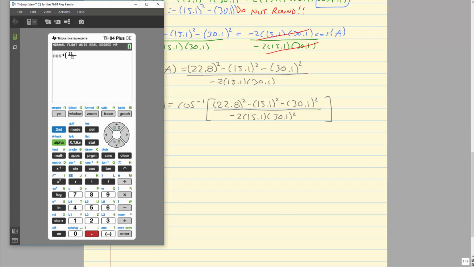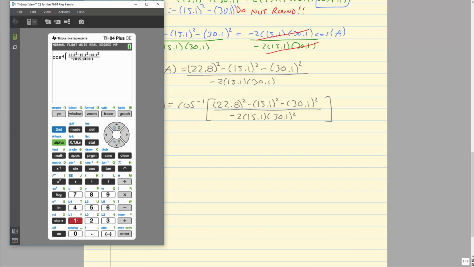And I have 22.8 squared minus 15.1 squared minus 30.1 squared. That's the numerator. Let's go down to the denominator. This is going to be a negative 2. Make sure you use the negative key and not the minus. Times 15.1 times 30.1.